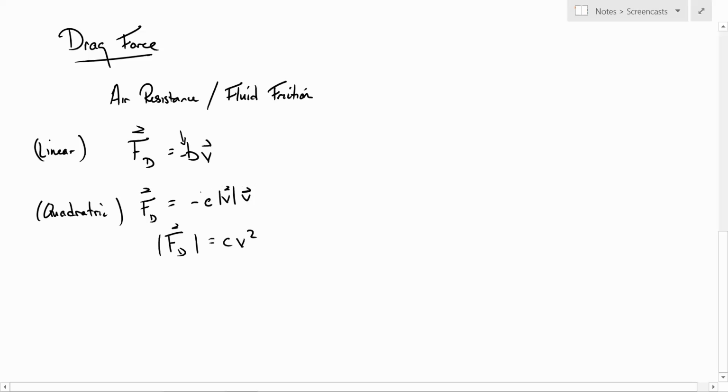This is again so that the direction is opposite the velocity. Your book gives a very specific model for this, one which is not found on the AP exam.